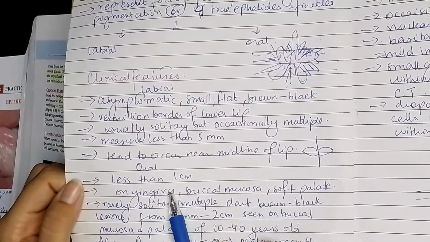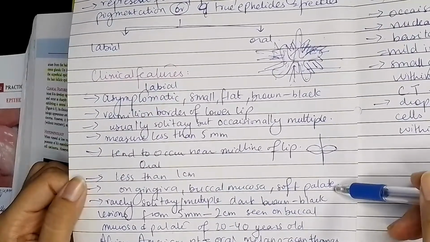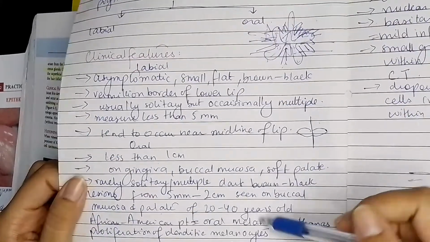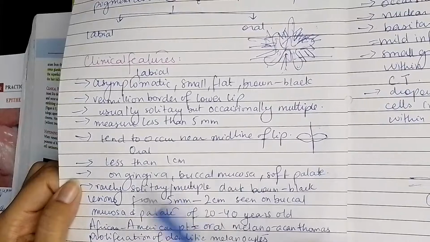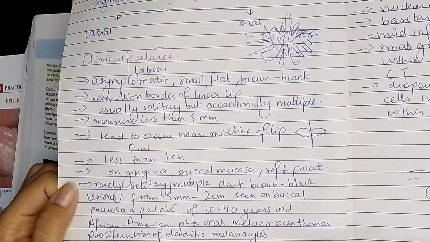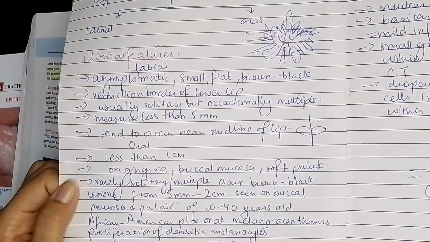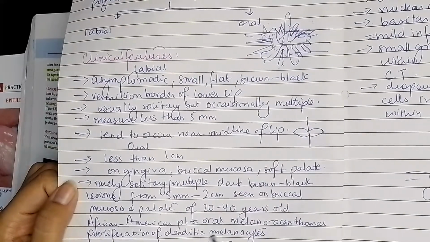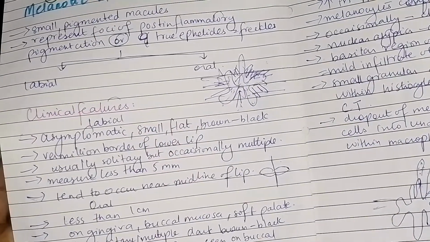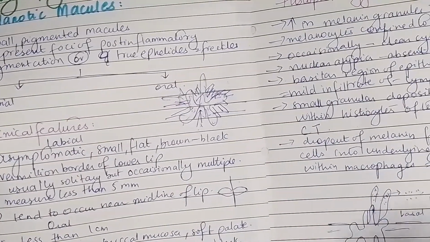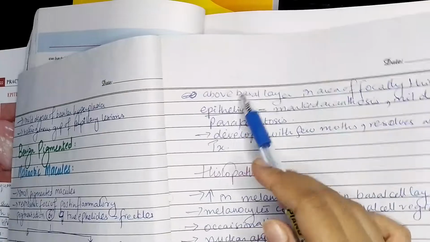They are present on the gingiva, the buccal mucosa, the soft palate, with rare solitary or multiple dark brown to black lesions from 5 to 12 mm that can be seen on the buccal mucosa and palate of 20 to 40 year old African American patients. So this is called oral melanoacanthoma, which is the proliferation of dendritic melanocytes, which I told you about.